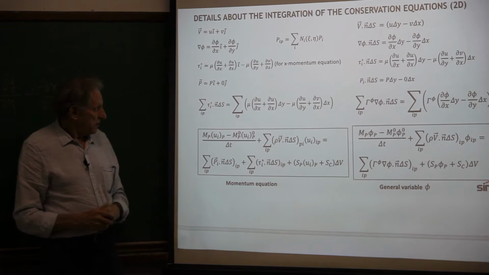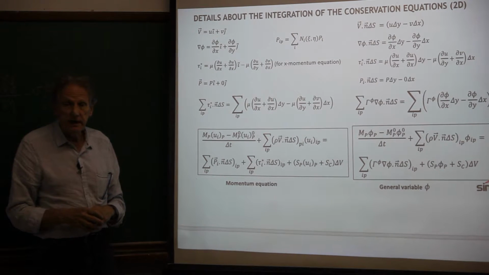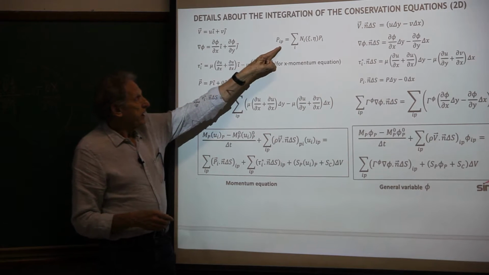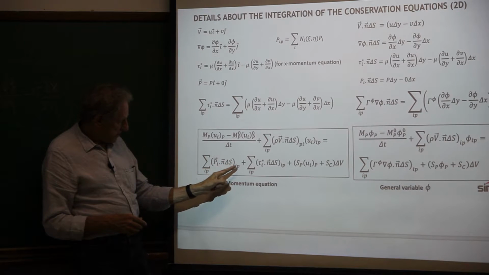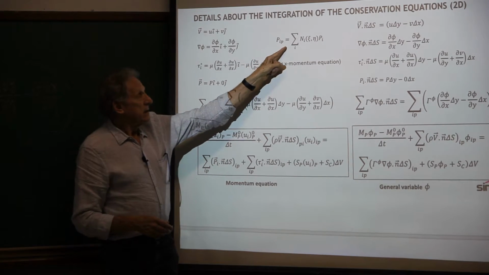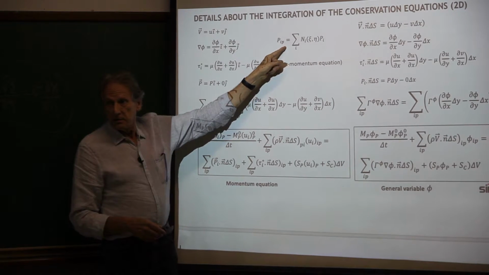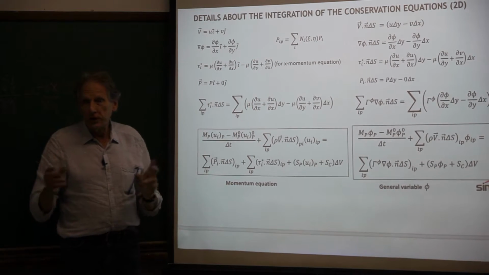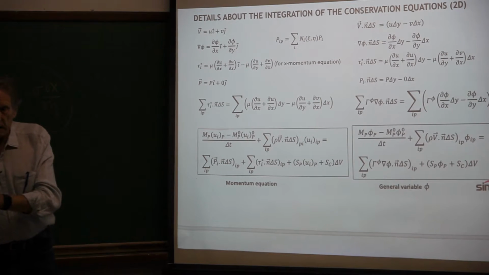This is pressure, and pressure is an elliptic variable. Pressure at the integration points can be found using the shape functions. You cannot do that with the velocity, which is advected, and there is some advection.